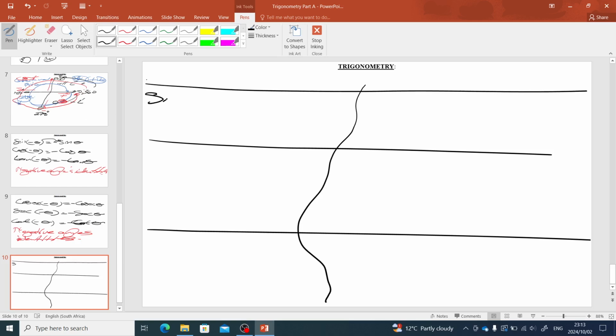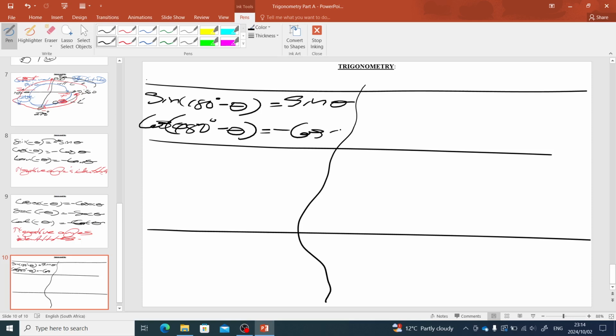Now, we are having sine of 180 minus theta equals. This occurs on the second quadrant, where sine is positive, so we have sine theta. We are having cos of 180 minus theta equals negative cos theta.